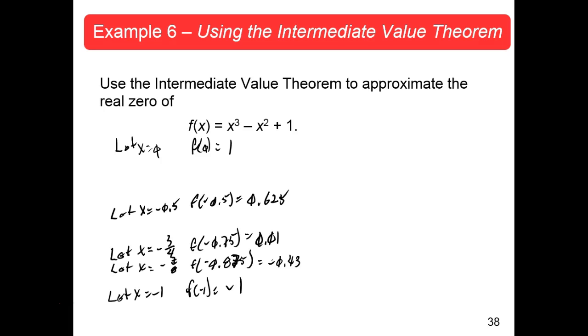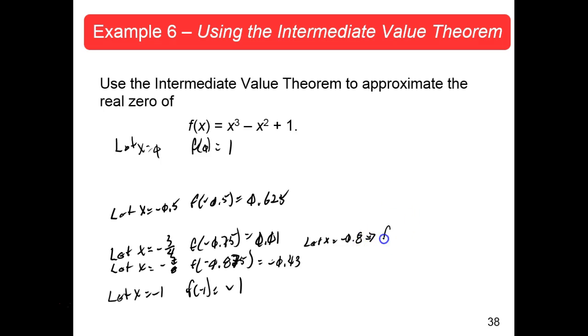So maybe negative 0.8. That's going to be easy to punch in the calculator. So let's go with, I wish I'd left more room. Let x equal negative 0.8.